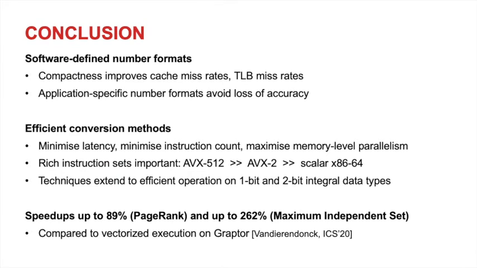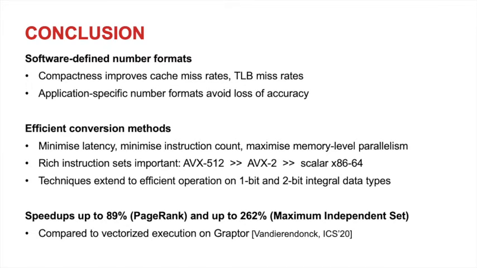In conclusion, we propose that applications should be able to make use of software-defined number formats. By having compact number formats, we can improve cache miss rates and TLB miss rates. And by making the number format application specific, especially at narrow bit widths, we can avoid loss of accuracy during the computation. Efficient conversion methods are extremely important.